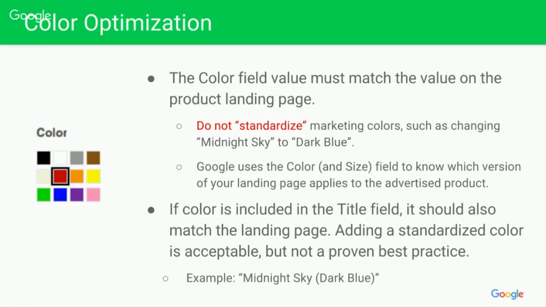In the color field, you must provide Midnight Sky as a color, because when the person clicks through, the drop-down list of your colors is going to have Midnight Sky as the option to choose. They need to match exactly, not just from a consumer perspective of matching together, but also from the Google crawler, making sure it can recognize which variant of product that you're looking at. So it's very important to use that.